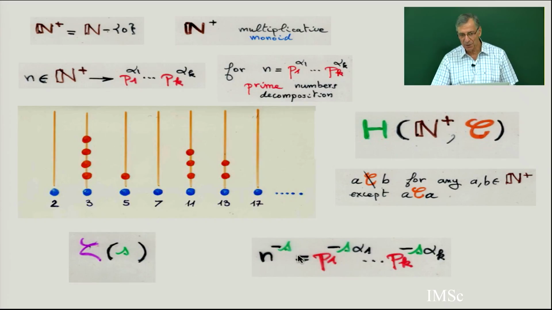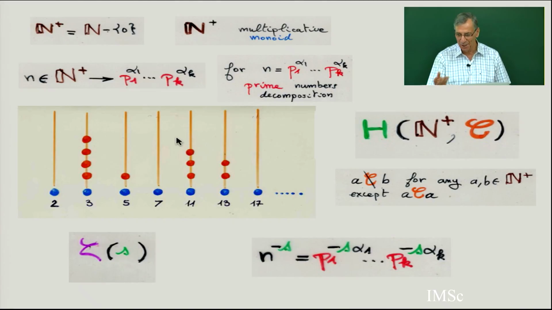So the zeta function is just the sum of the weights of all these, where you weight each column by the prime number to the power minus s. So if you take the sum of all this, it will be the sum of all this in terms of heaps.